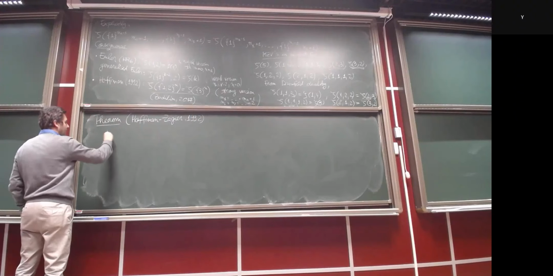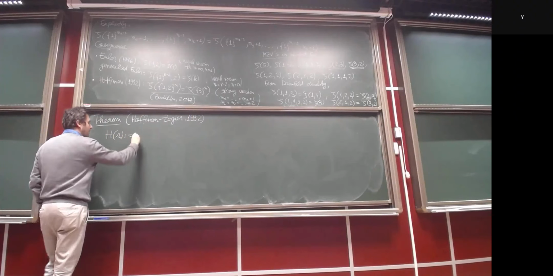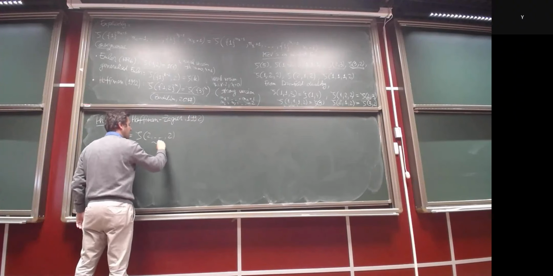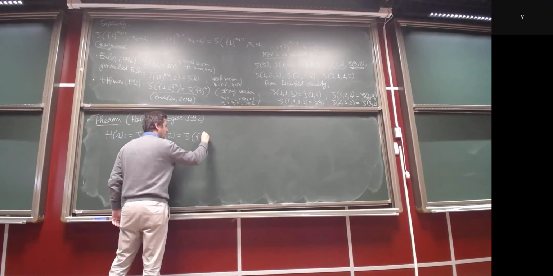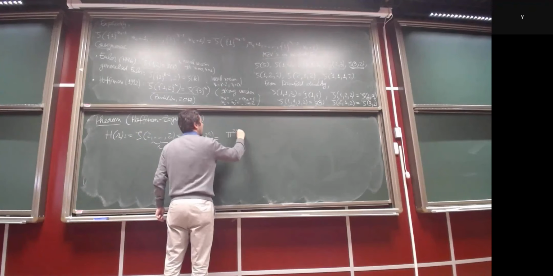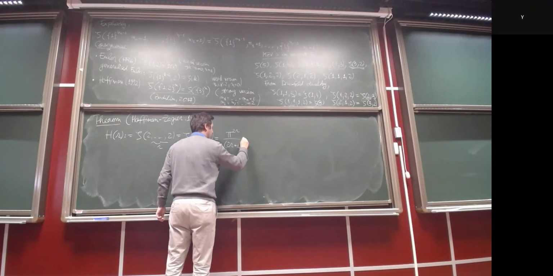So this is, let's call it HR, and this will be zeta of 2, with R copies of 2. So let me write it in this way. This is pi to the 2R over 2R plus 1 factorial.